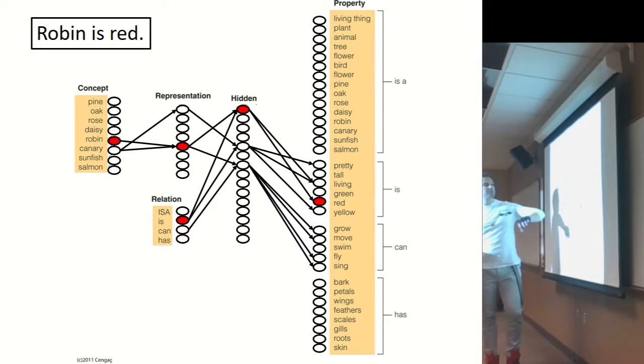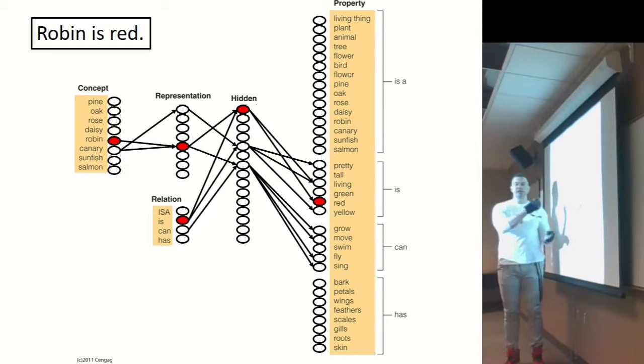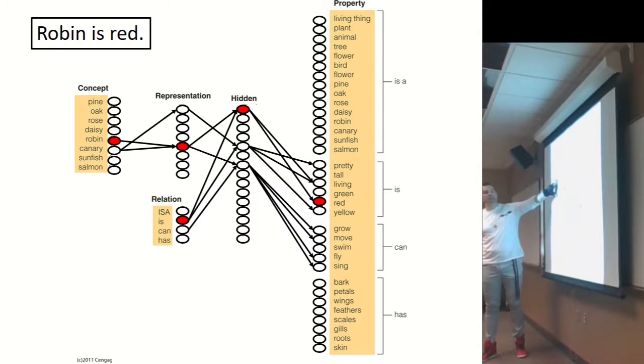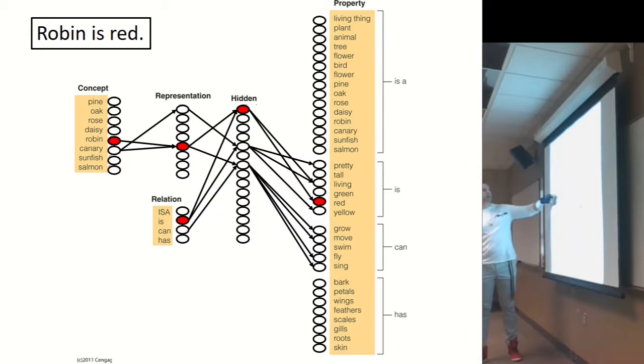But in this representation, these are your outputs. So you have the concept of grow, you have the concept of sing, and this is representing how you connect these concepts to these concepts, so that if somebody said, does a canary have roots?